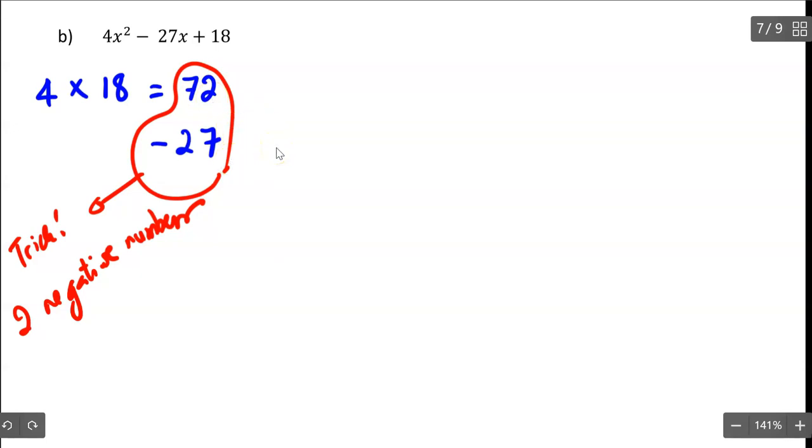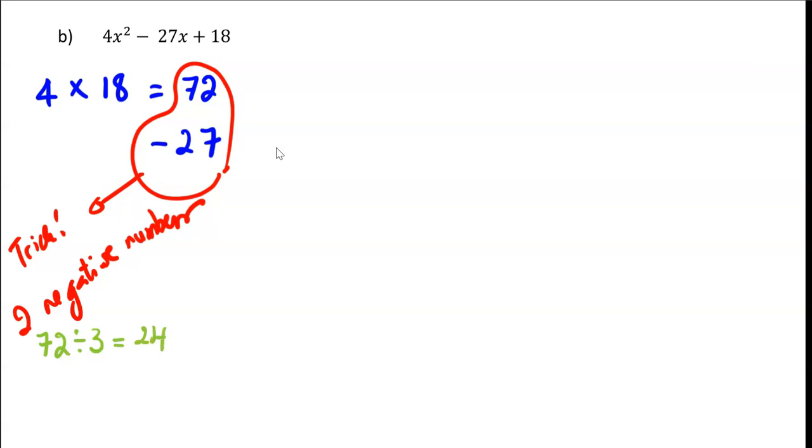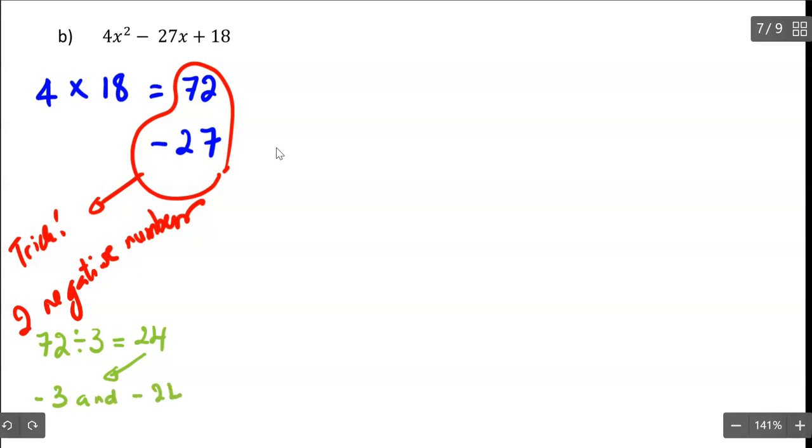So I take 72, I divide by 2, then I divide by 3, I get 24. So this leads to negative 3 and negative 24, right? A big smiley face. We figured it out from the trick that we derived for ourselves.